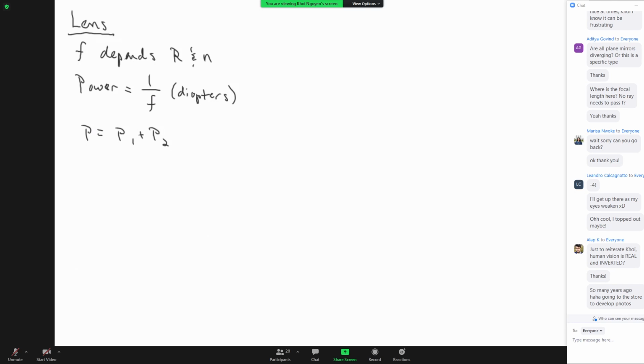The convex lens is very similar to the concave mirror in that it's a converging device. So a convex lens looks like that little bulb that you have. Looks like a magnifying glass, right?